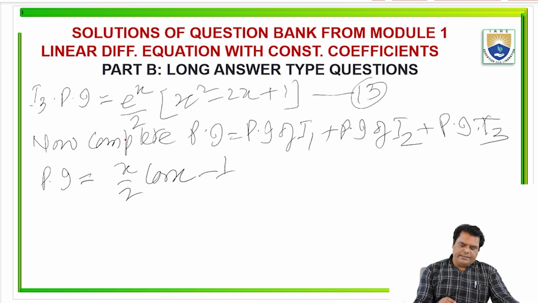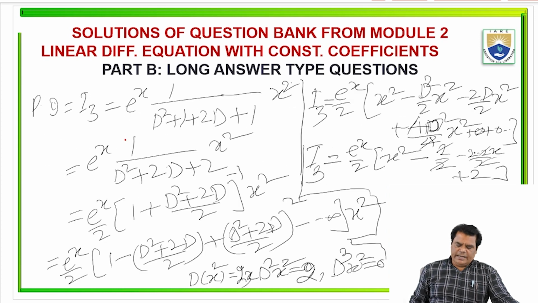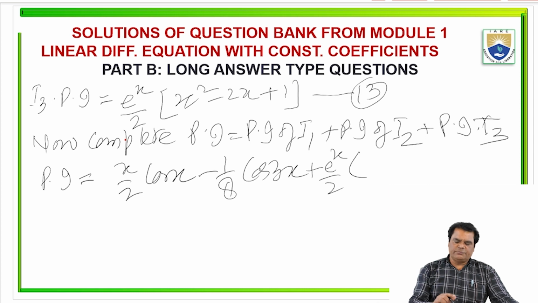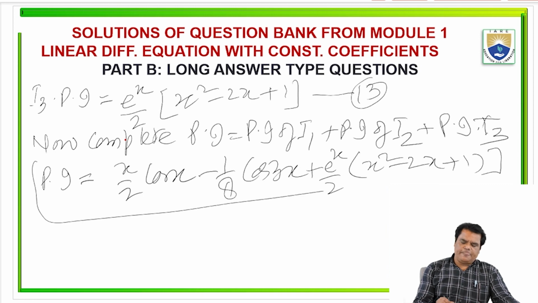And plus I3: e to the power x by 2 in bracket x square minus 2x plus 1, this equation 13. This is the complete PI.